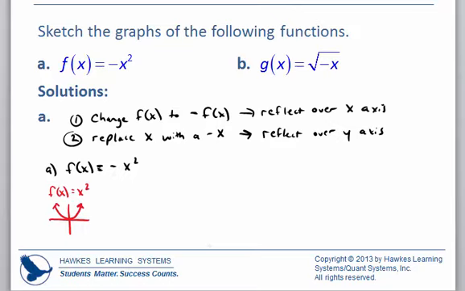It appears that we have placed a negative in front of the function. So we should be seeing a reflection over the x-axis. Keep in mind, this is your x-axis. Our new graph is going to be that same parabola, but flipped down.